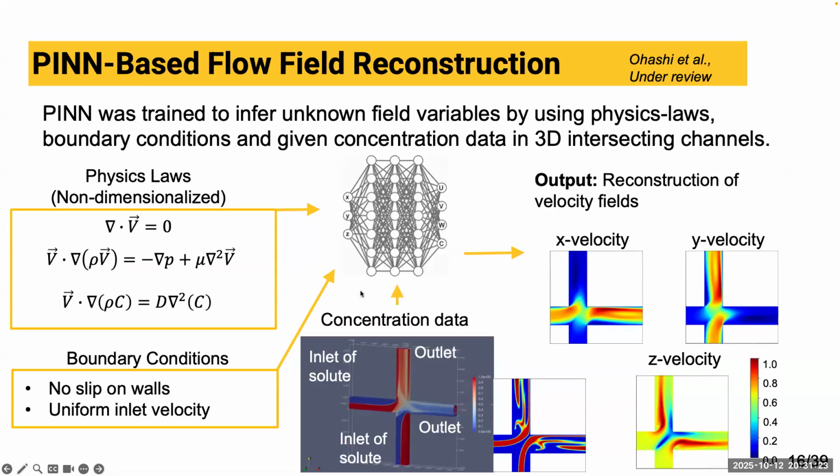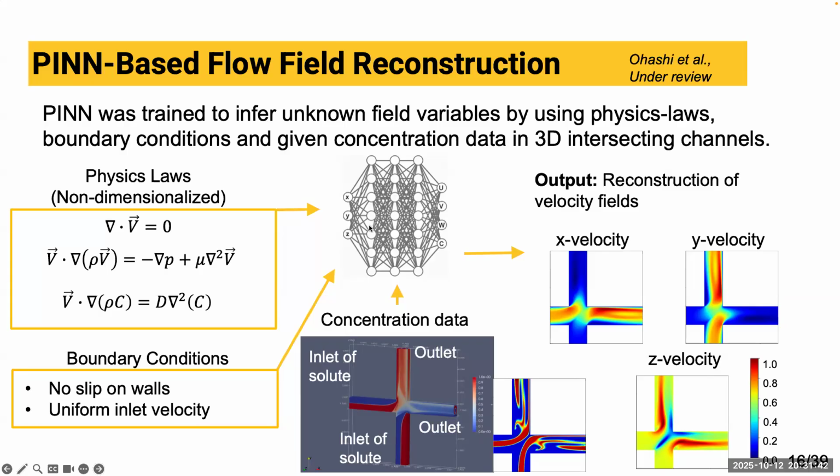All right, so in this work, the PINN takes x, y, z spatial variables as input, and then it predicts the x, y, z velocity, concentration, and pressure fields as output.